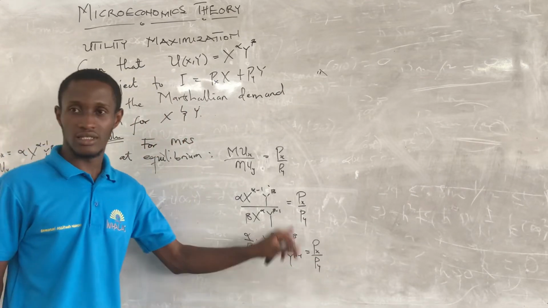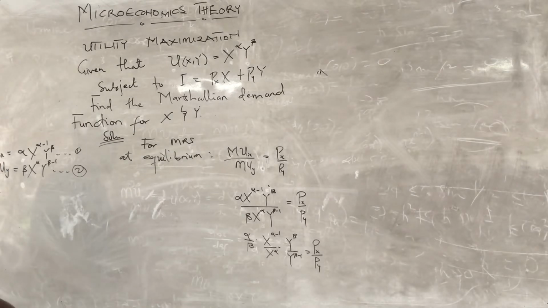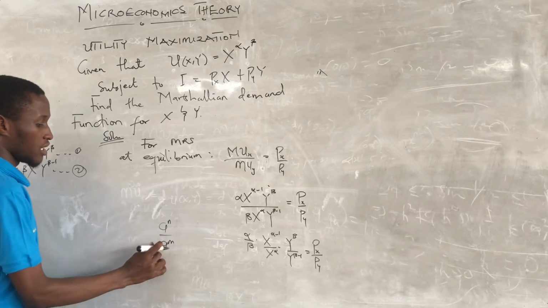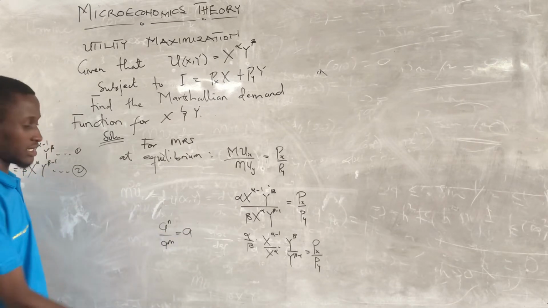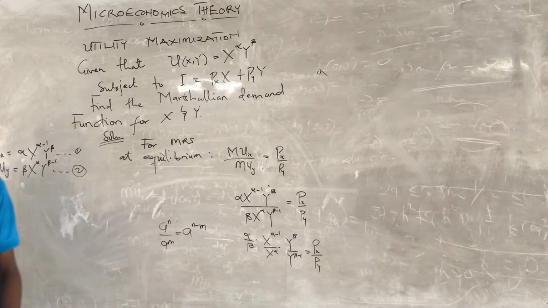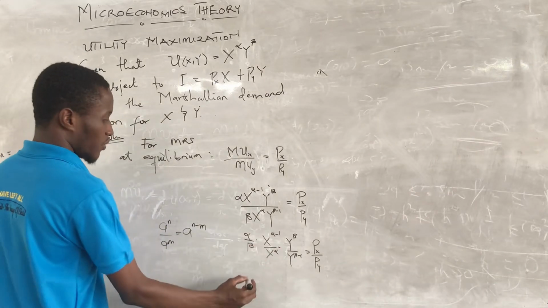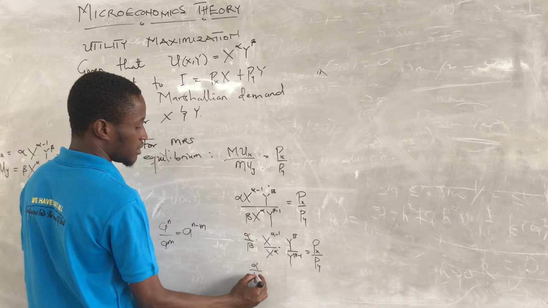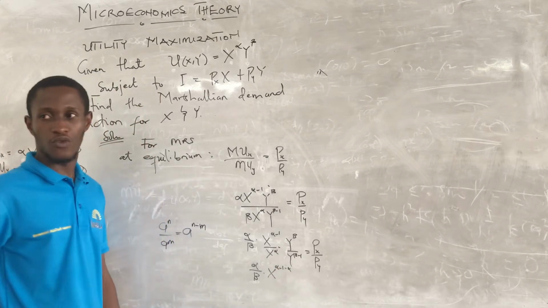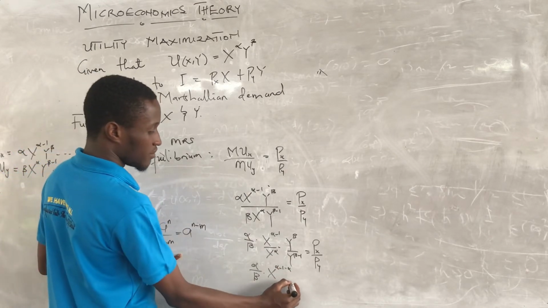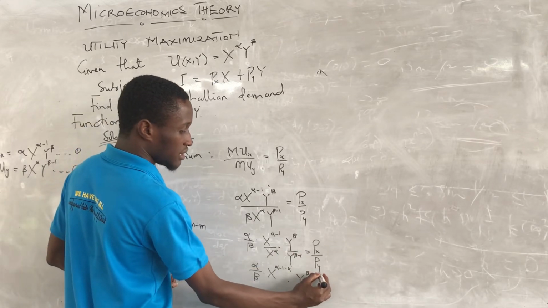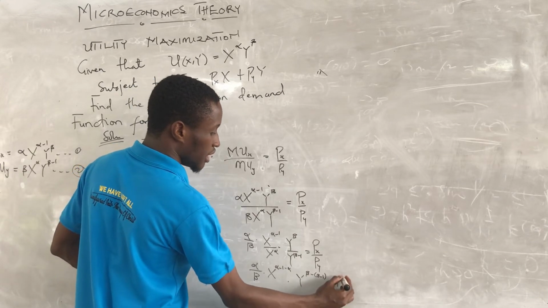Now I can solve this in an easy way. If I have a^n divided by a^m, according to the laws of indices, I can write it as a^(n-m). When I apply it here, I get alpha over beta times x^(alpha-1-alpha) times y^(beta-(beta-1)) equal to px over py.